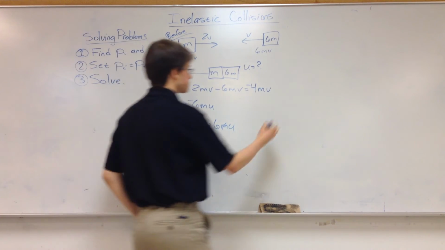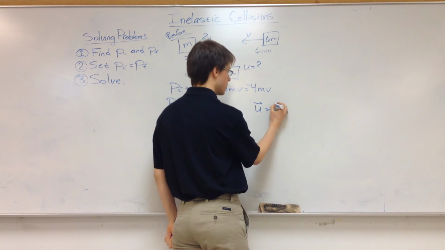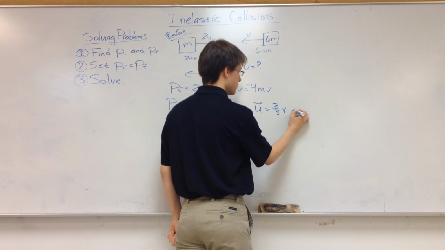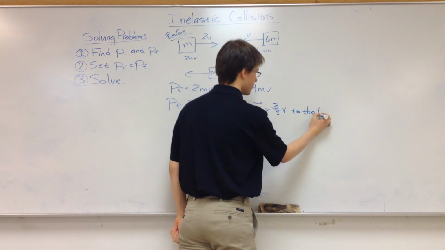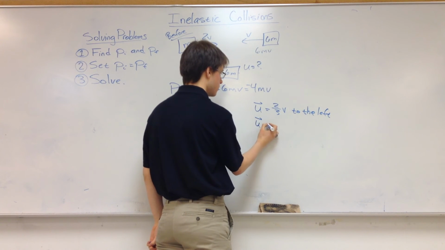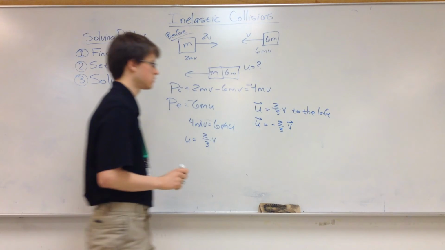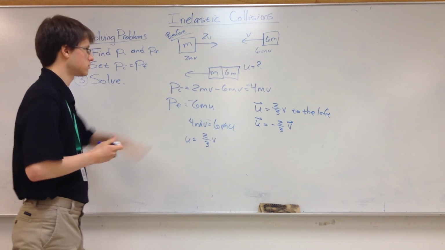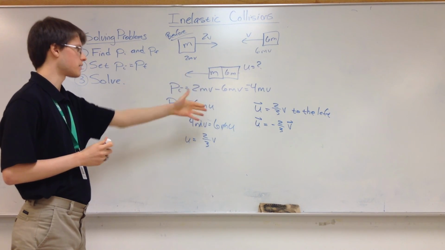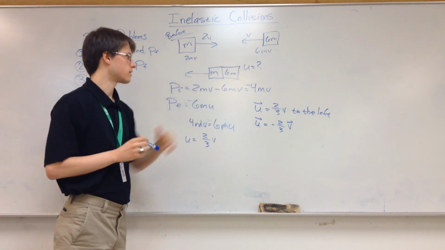So our answer is u, the vector, is equal to 2/3 v to the left. Or you could just say u is equal to negative 2/3 v, since the velocity v we said was to the right, that's why this is negative, because of the positive direction.